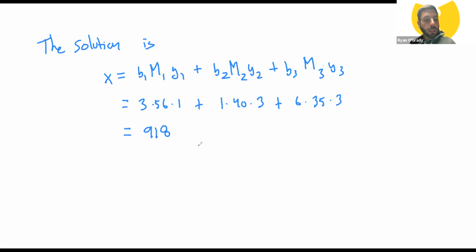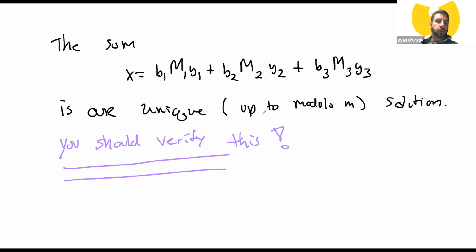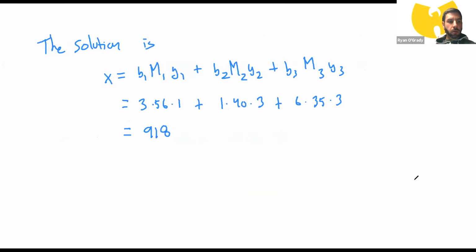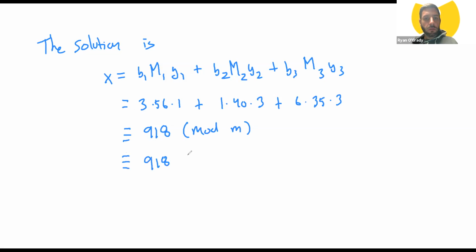Now, we need to note what the Chinese remainder theorem tells us, though. Perhaps I wasn't clear with that, and I should have been. If I go back here, this is our solution modulo M. So we need to recognize that our solution must be congruent to 918 mod M. Now, what was M?